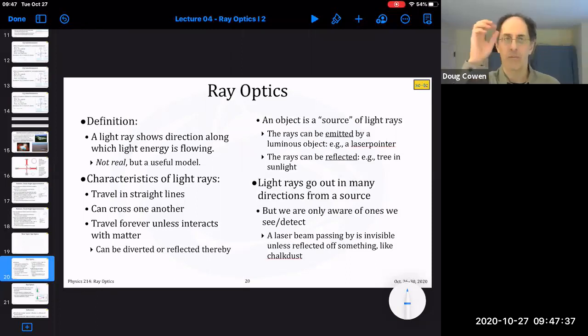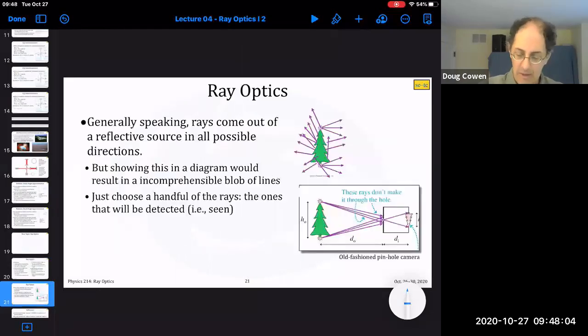It's only if there's some dust particles, like if someone bangs an eraser in front of your face, which wouldn't be very pleasant, that some of the laser light will reflect off of the chalk dust, and then you'll be able to see it. But if there's no chalk dust and no dust in general in the air, that light ray can go right by you and you would never see it. So the ray has to enter your eye in order for you to see the source of the light.